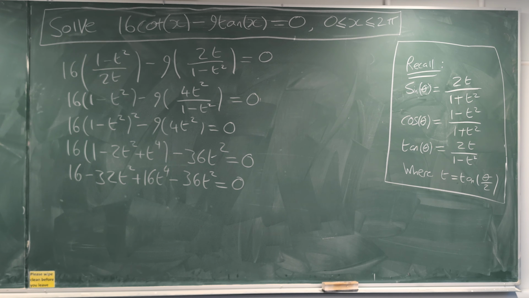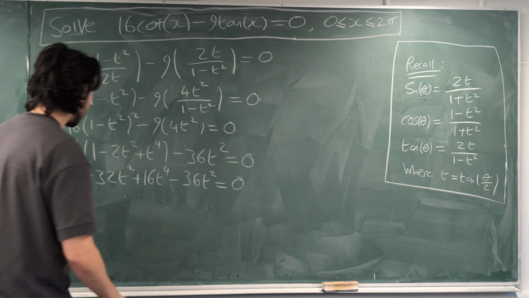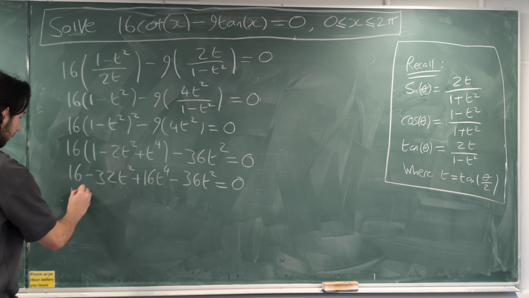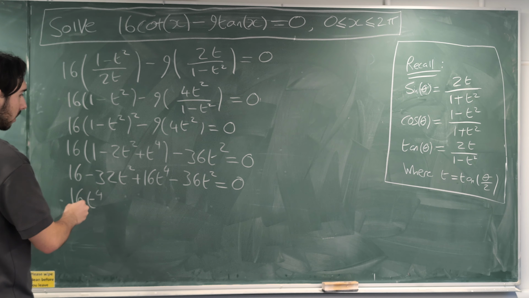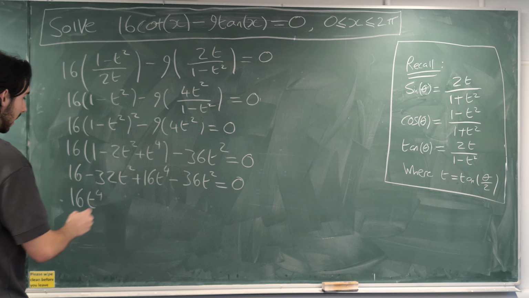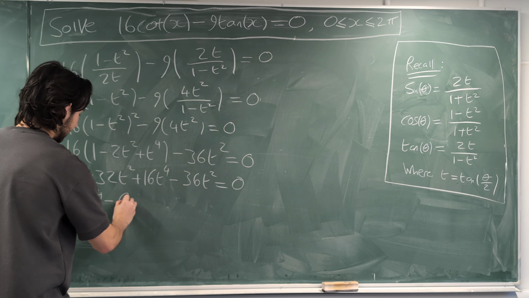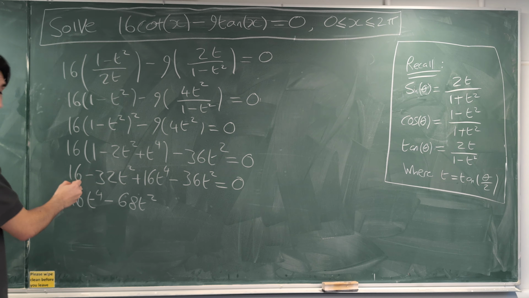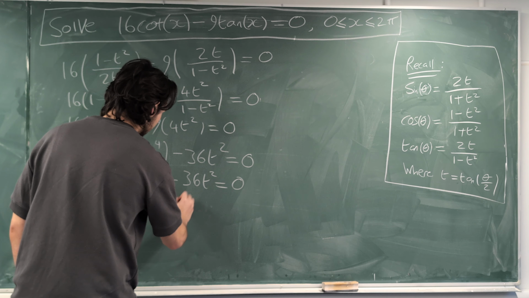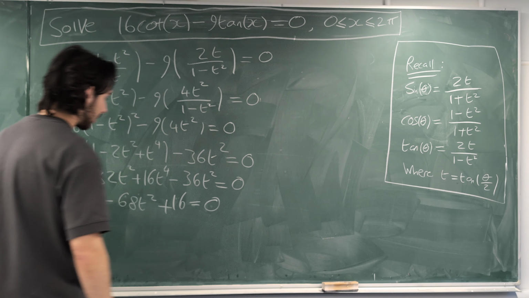Well, we can simplify it ever so slightly. So 16t to the 4, and then we have minus 32t squared minus 36t squared, that's minus 68t squared, and then there's still a plus 16 there. So plus 16 equals 0.